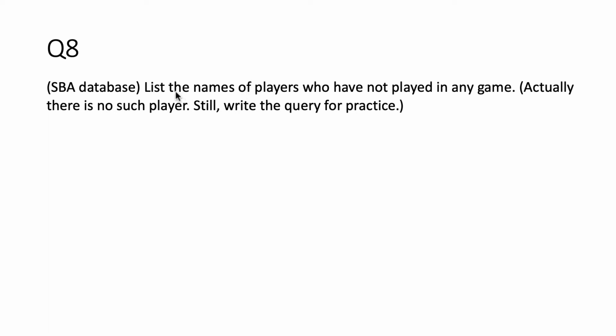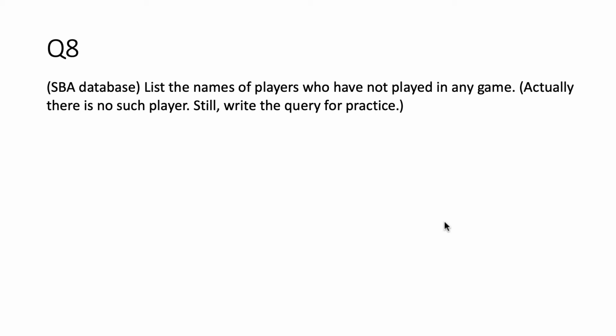So what we are going to do is join the players table to the participations table, because the player name is going to come from the players table. But if you do a regular join, then players who have not played any games won't even figure in the join. Here we want those players to figure in the result, in fact, they are the only players we want.